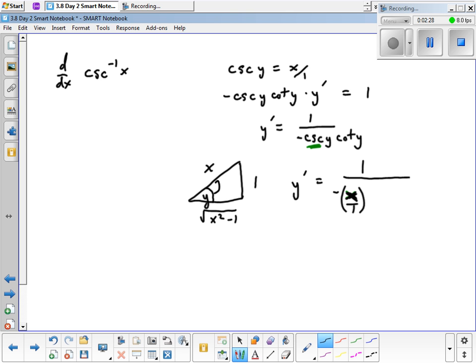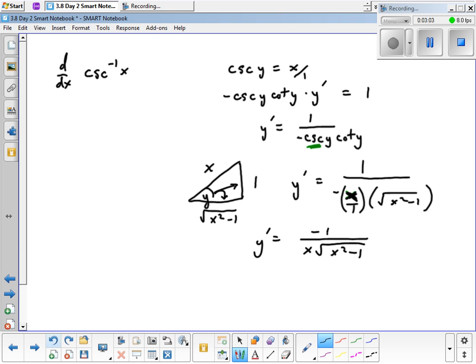It's hypotenuse over opposite. Times cotangent y. Remember, tangent is opposite over adjacent, so cotangent is adjacent over opposite. So the square root of x squared minus 1. Okay, so the derivative is officially negative 1 over x, the square root of x squared minus 1.